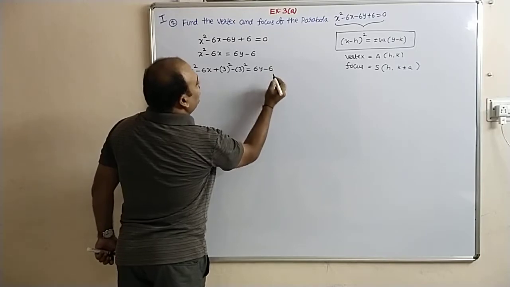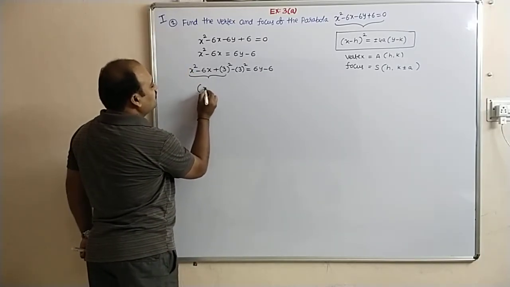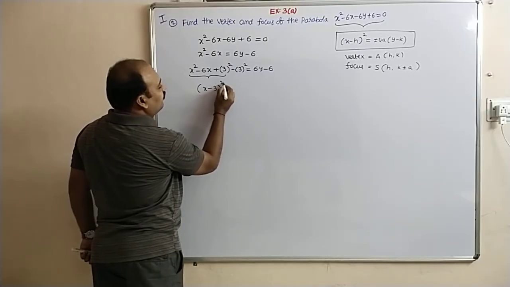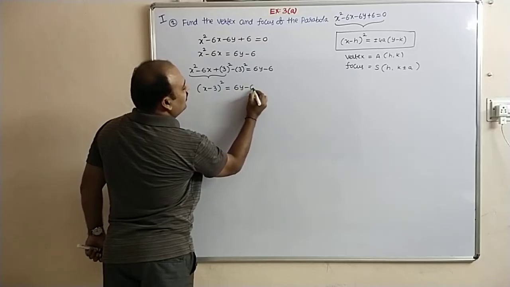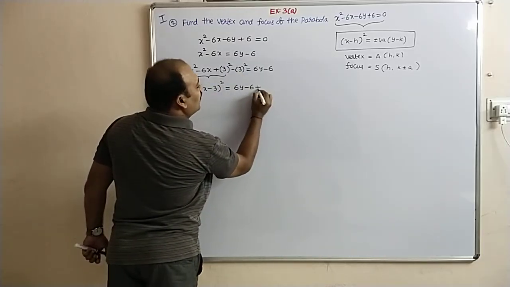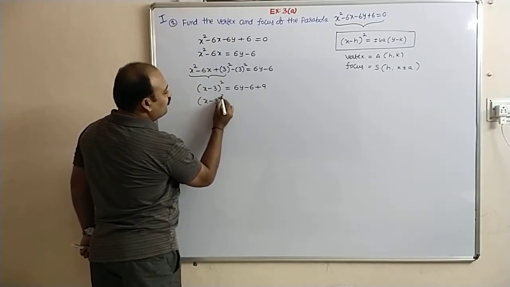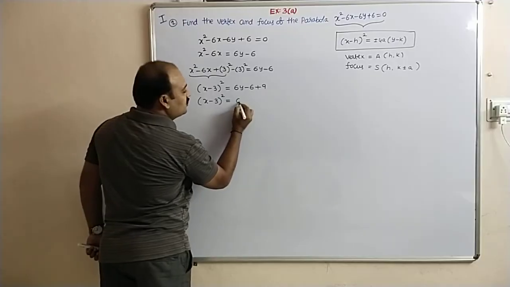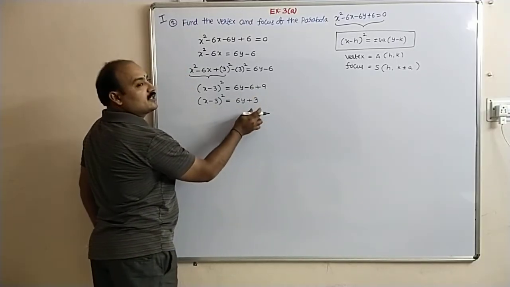So 6y minus 6. The first three terms is the expansion of x minus 3 whole square, which is equal to 6y minus 6 minus 3 square, minus 9 we are taking this side, plus 9. Now x minus 3 whole square is equal to 6y plus 3, plus 9 minus 6 is plus 3.